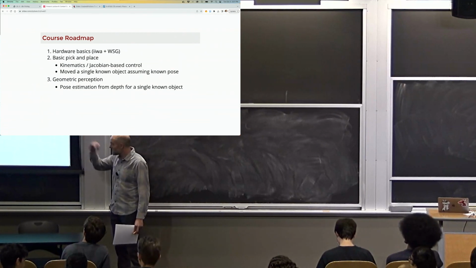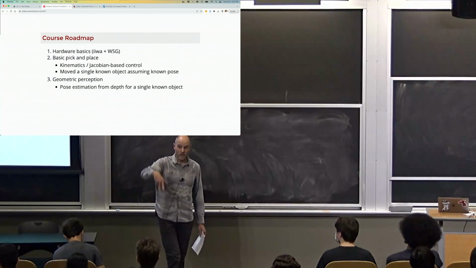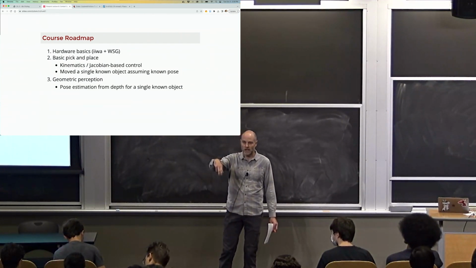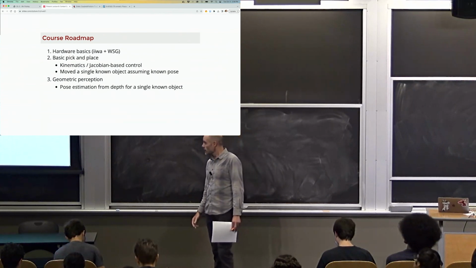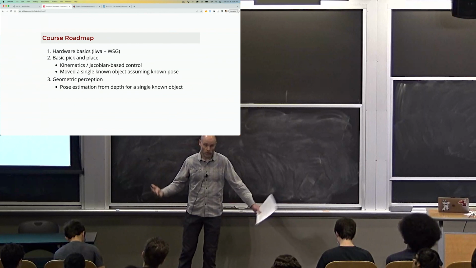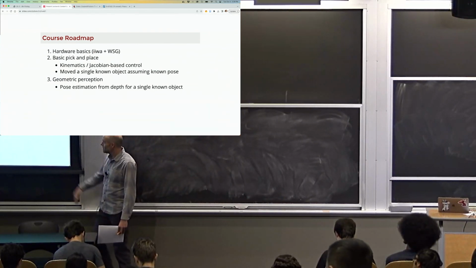And then we talked about the basic pick and place, where we assumed the known pose was given to us, and we assumed we knew the object because we had to pick the grasp relative to the object model. And then we were able to do kinematics and Jacobian-based control to do a full manipulation task, but with some big assumptions.